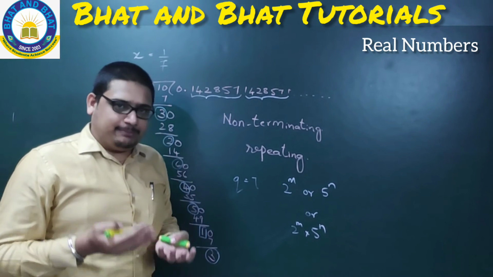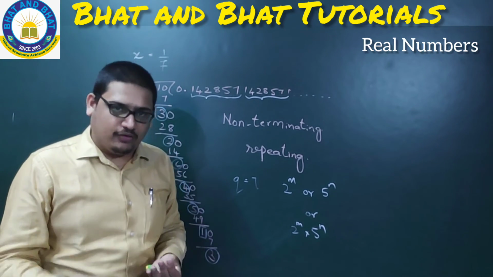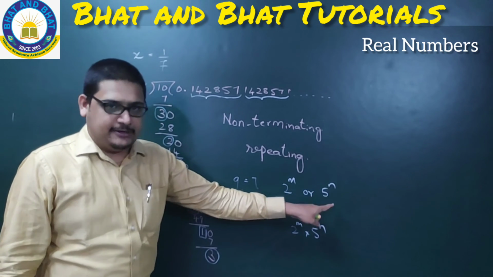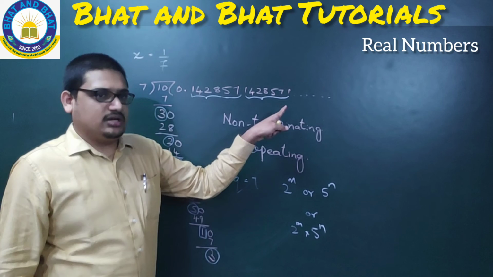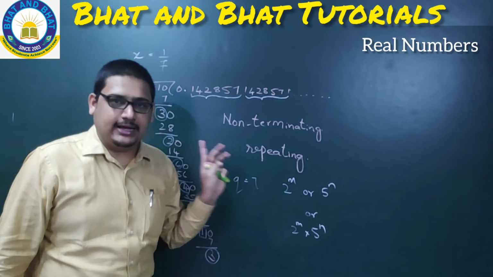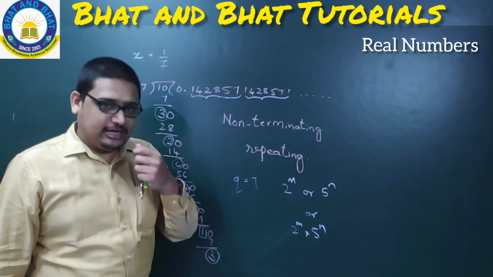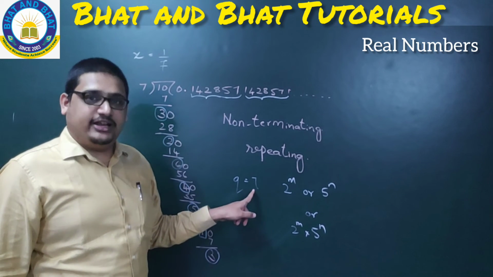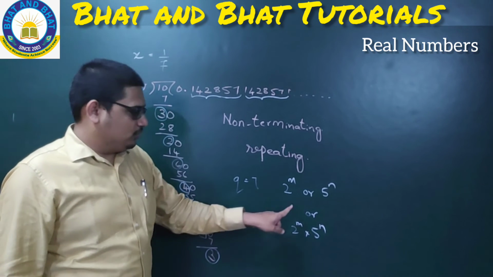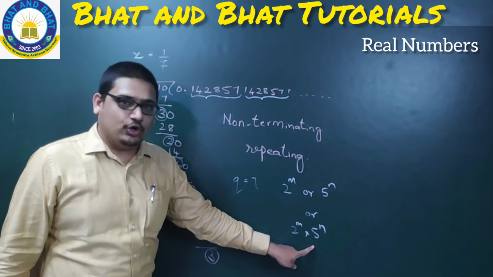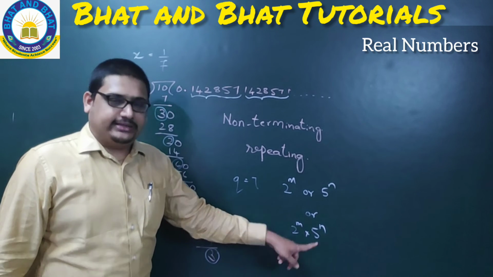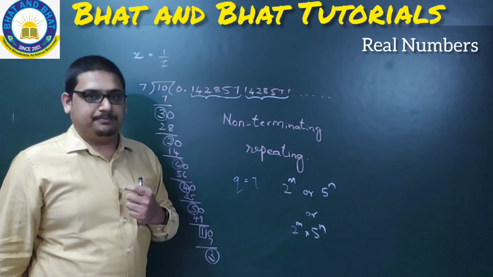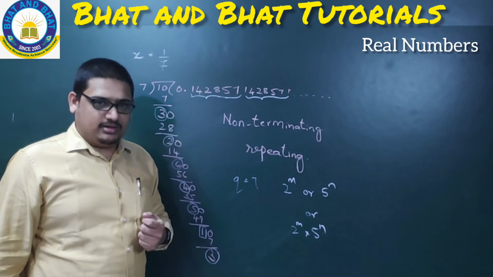We can simply say that if the prime factorization of denominator q does not contain 2 power m or 5 power n, then the decimal expansion is non-terminating, repeating. Understood? Let me repeat once again. If the factored form of q, which is the denominator, does not contain 2 power m or 5 power n or both at all, then the decimal expansion is non-terminating, repeating. Is it clear now? Yes?